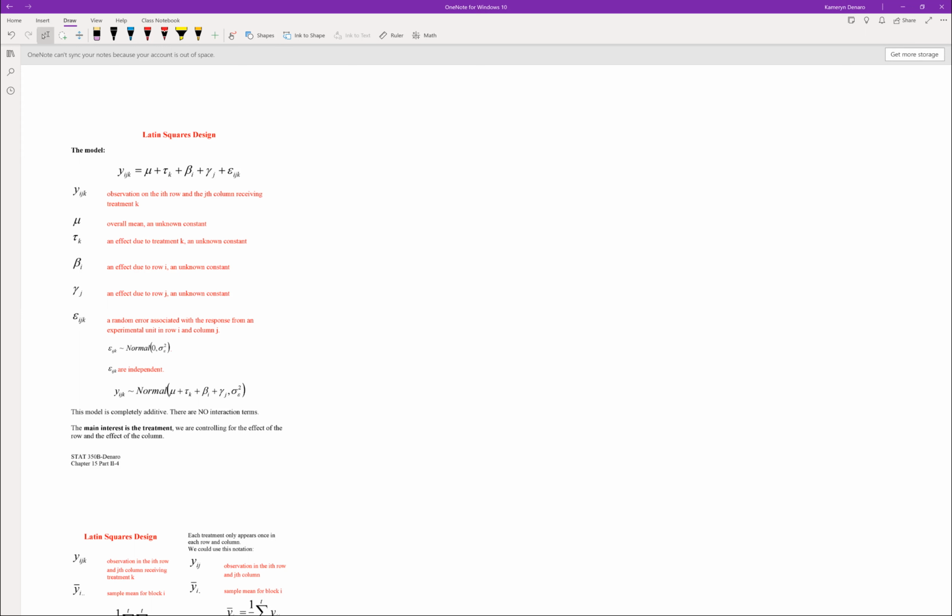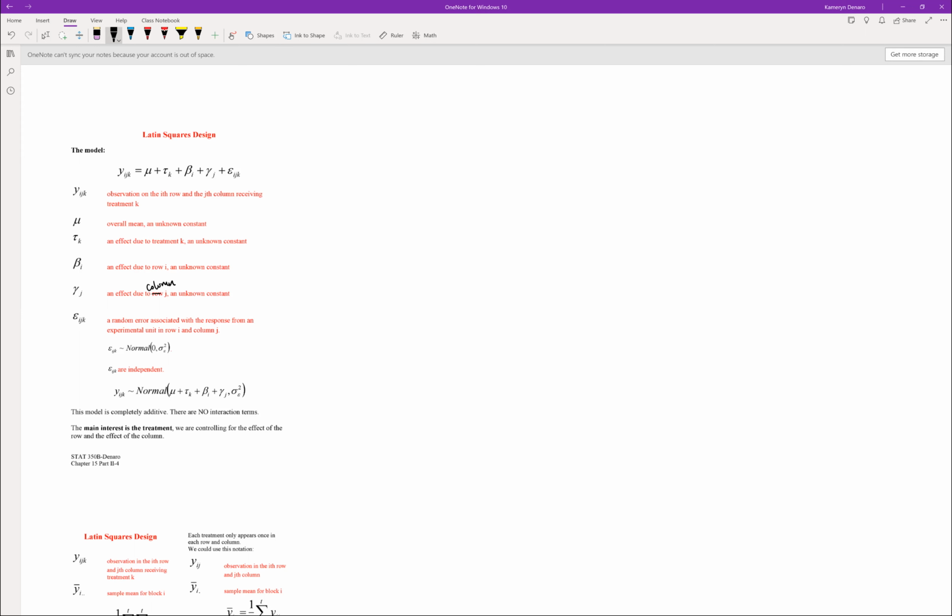Mu is the overall mean, an unknown constant. Tau k is the effect due to treatment k, an unknown constant. Beta i is the blocking effect due to row i. And gamma j is the blocking effect due to column j. This should actually say column j. Apologize for the typo.